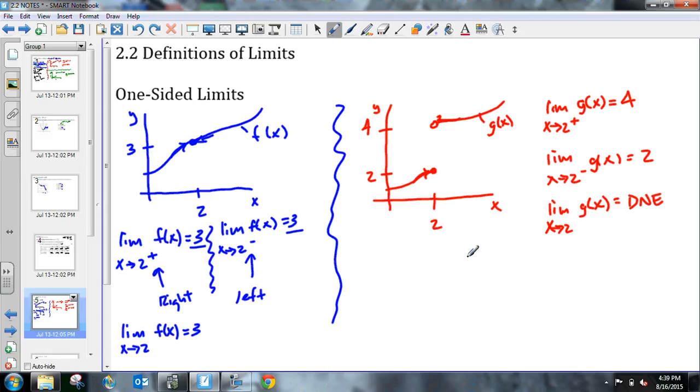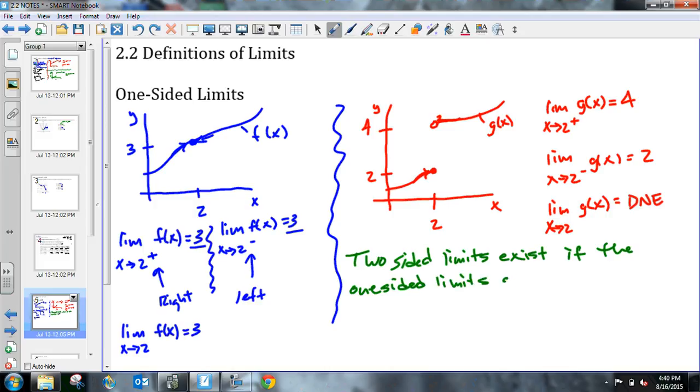And so the conclusion that we can make here is that two-sided limits exist if the one-sided limits agree.